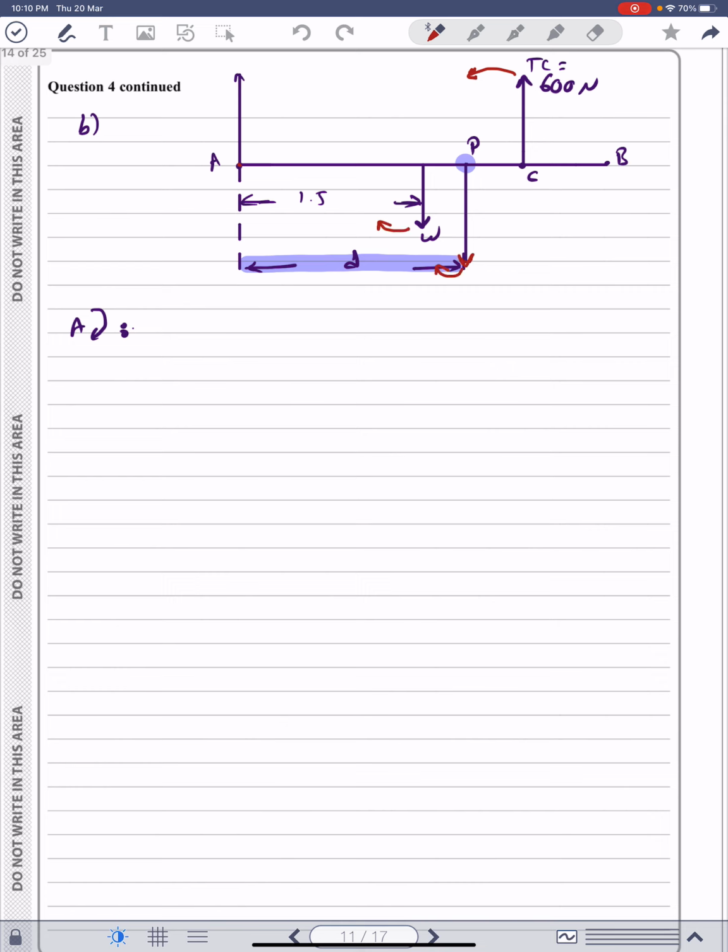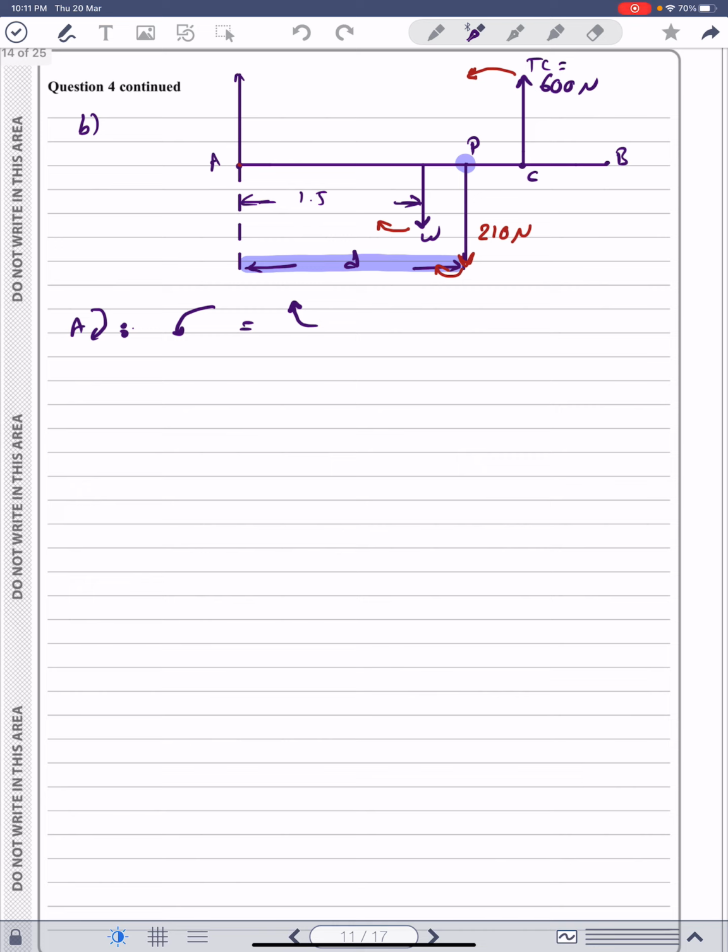And he told us this force is 210 newtons. Let me just make it more clear. So only that will do: the sum of moments anti-clockwise is equal to the sum of moments clockwise.